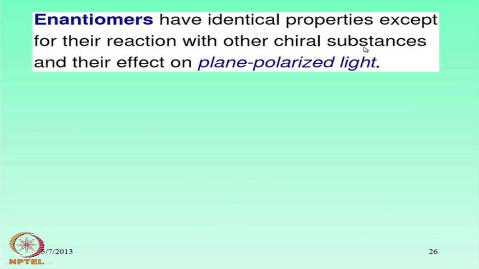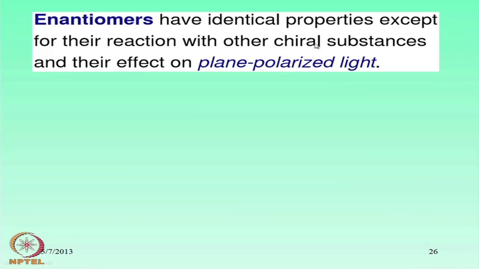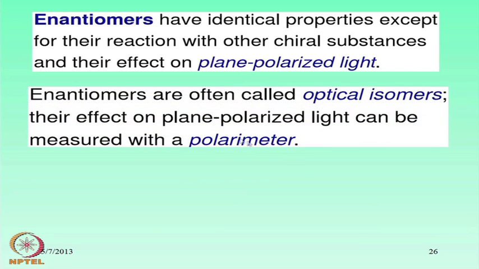If it is reacting for ligand substitution or any other type of reaction with a chiral molecule, then only can it show a different property with respect to the chiral compound which is coming and reacting with the molecule. Their other property is that they behave differently with plane polarized light. Plane polarized light behaves differently with the two different enantiomers.